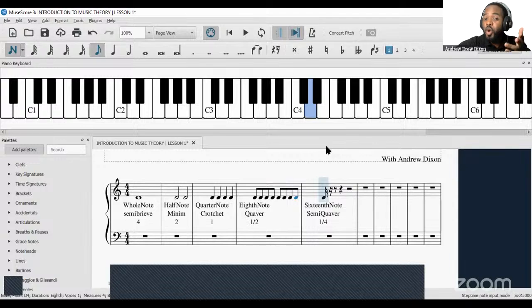Now for all my mathematical students who are studying math, this might be a very good exercise for you, especially if you're studying and practicing fractions. Now let's go to the 16th note quickly. 16th note, or the semiquaver, each note values just a quarter of a count. Now we know that a quarter is half of a half. In other words, it takes 2 quarters to make a half, and it takes 2 halves to make a whole.